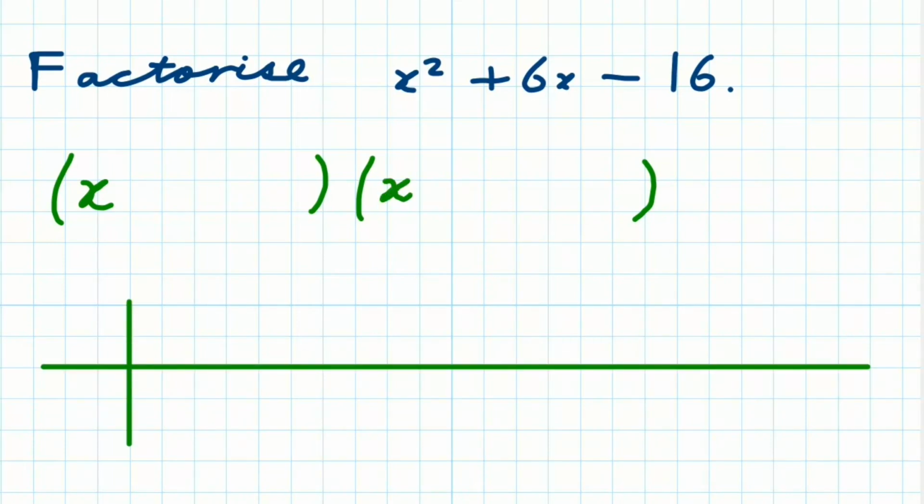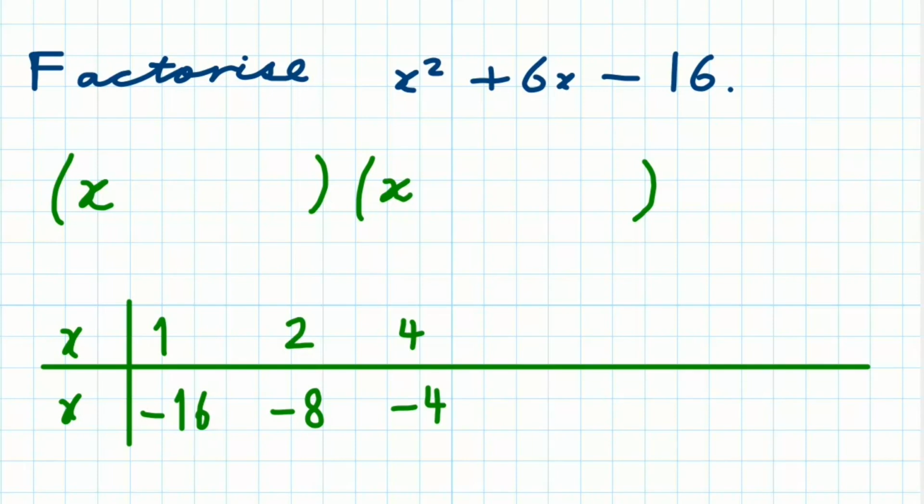Now we're going to make up the table, and we need two numbers that multiply together to give minus 16. There are actually quite a few possibilities. The only way we can get a negative answer is by multiplying a positive by a negative. So possibilities could be 1 times minus 16, 2 times minus 8, 4 times minus 4. And it carries on.